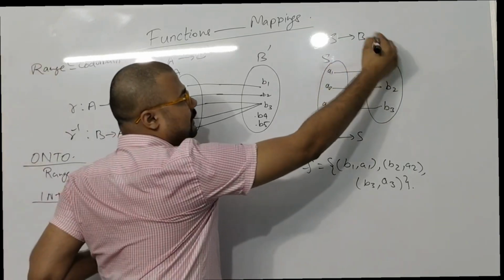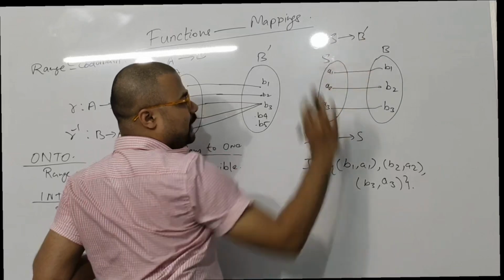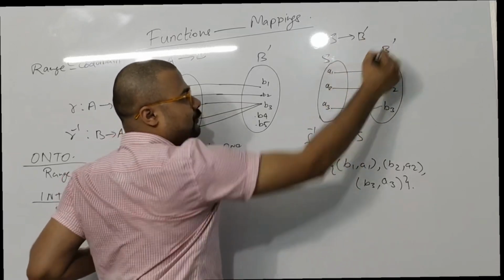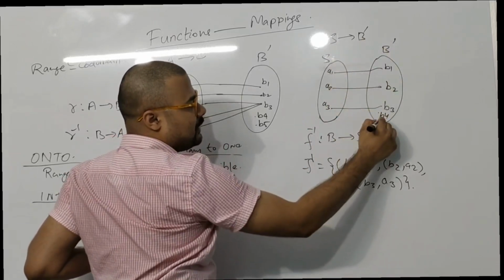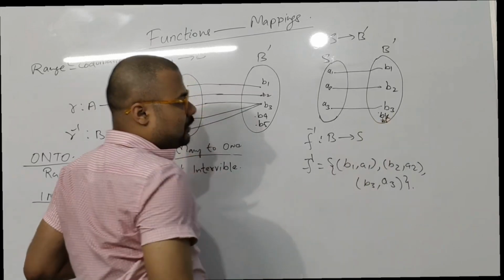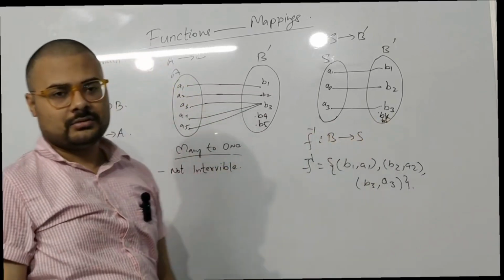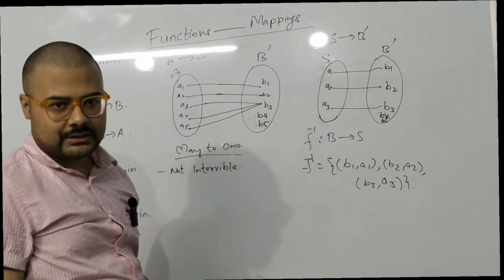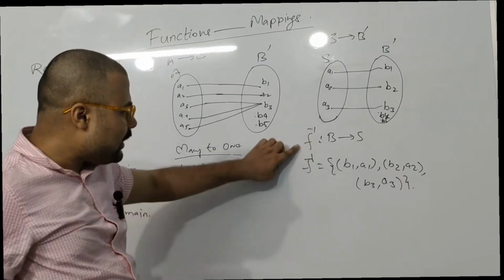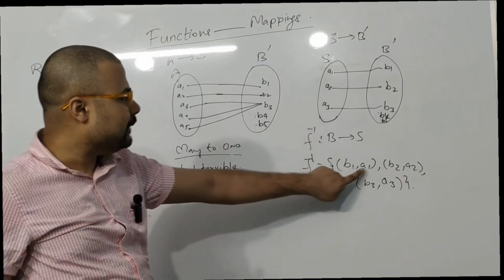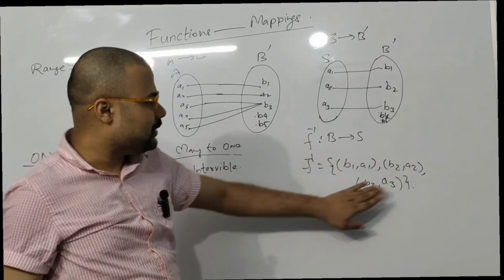Now let's say f is from A to B dash. Now you have B4 here and B5 here. Does the inverse exist? The inverse does not exist. Why? Because when you try to find f inverse, you will get B1 to A1, B2 to A2, B3 to A3.